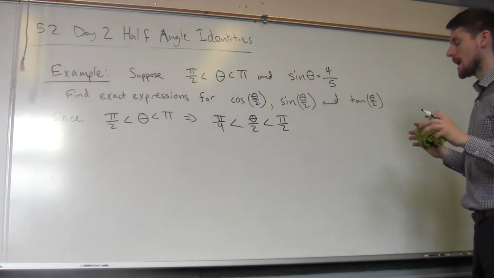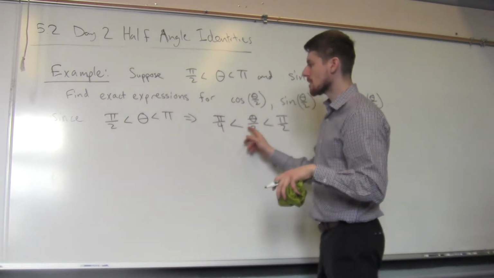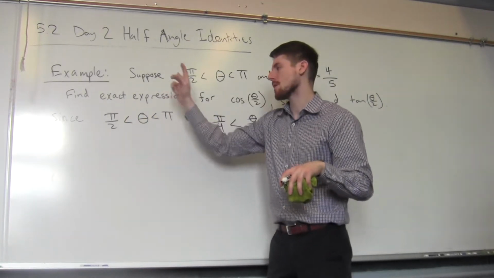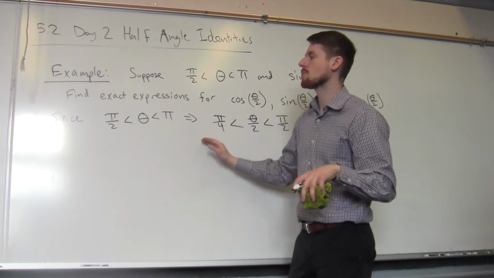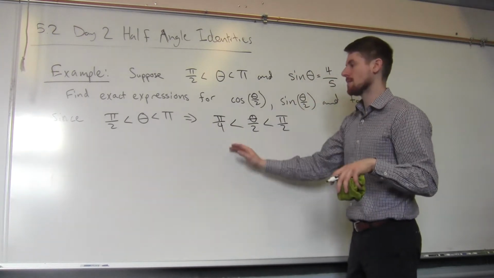Theta over 2 is somewhere between half of this number and half of that number, pi over 4 and pi over 2. So what quadrant is that in?